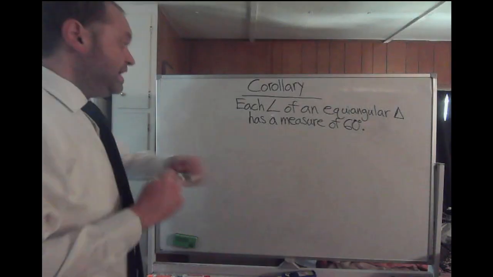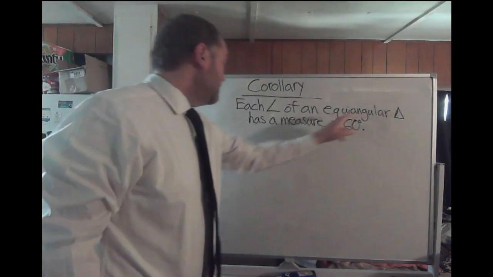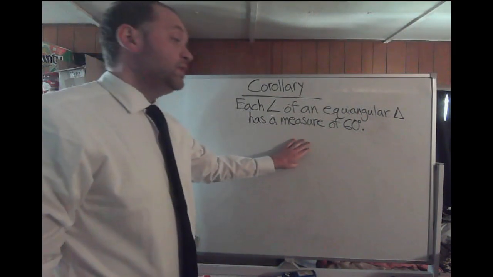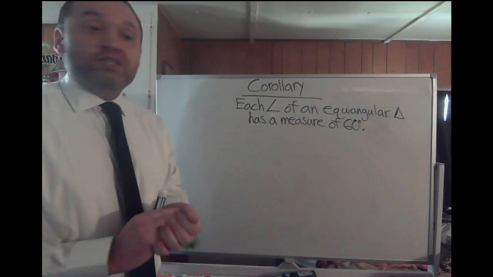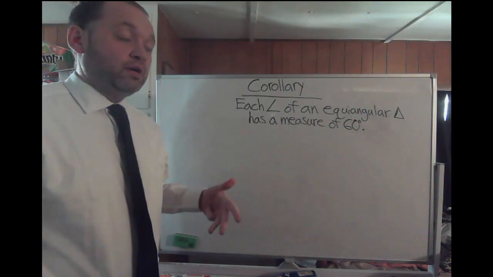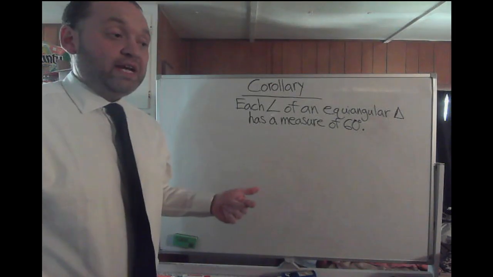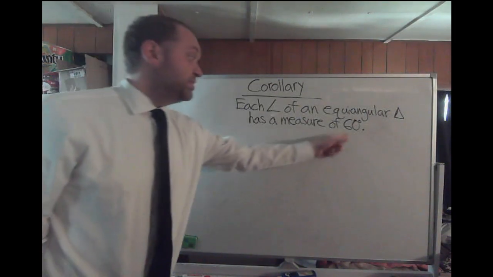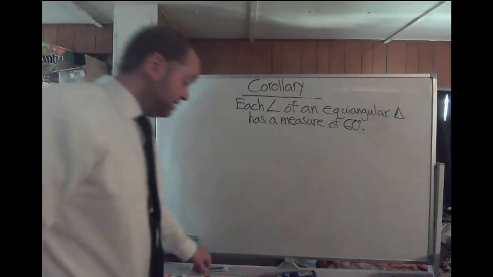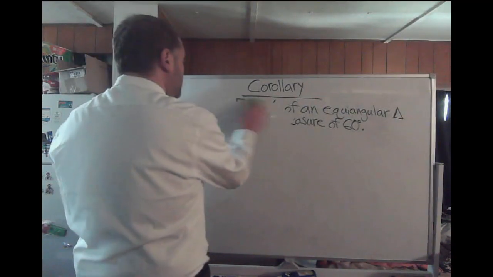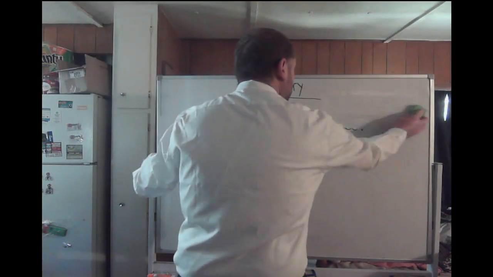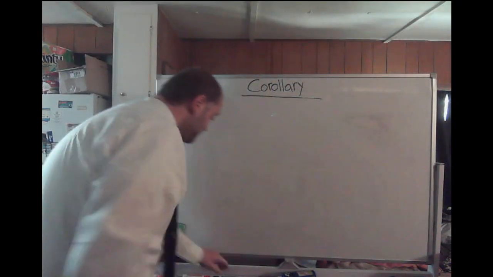So each angle of an equiangular triangle has a measure of 60 degrees. Well, that makes sense, right? Equiangular means all three angles are the same. So if you split 180 degrees three ways, you come up with each angle being 60 degrees. That one's pretty self-explanatory. Okay, what's the next one?